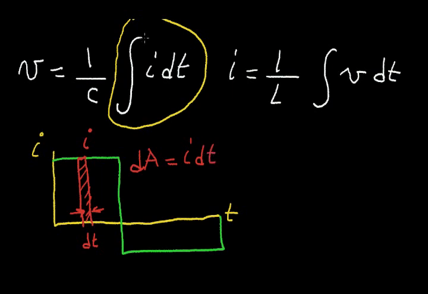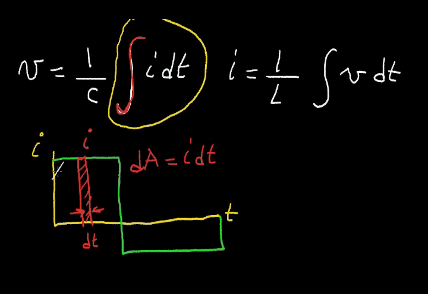Now this symbol here, sort of like an S that's been stretched in the vertical direction, means summation. It means that we're going to sum all these little slices over a certain period of time. That's all that means. So if I look at this area on the left side, and there's an area on the bottom.